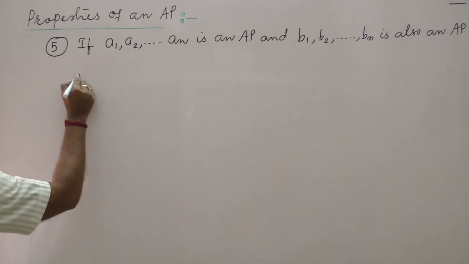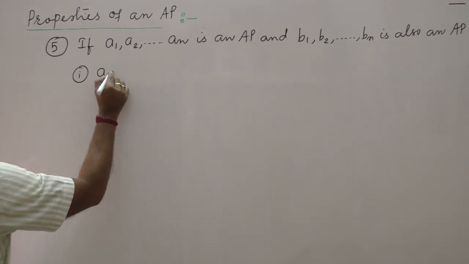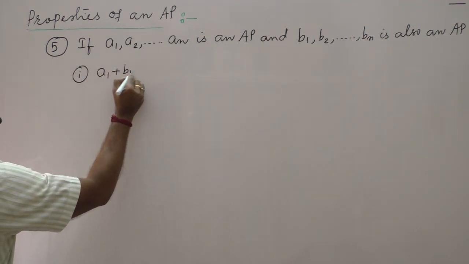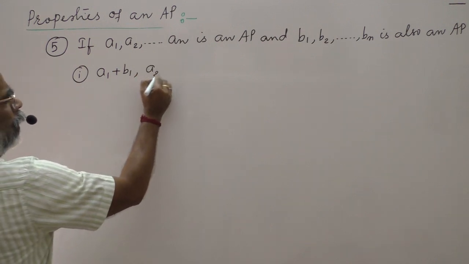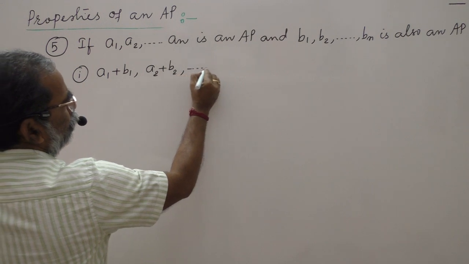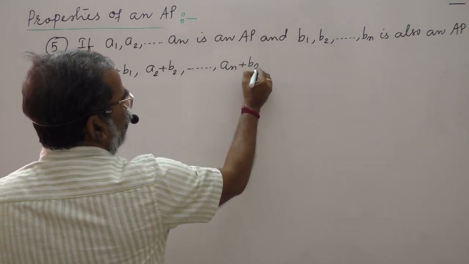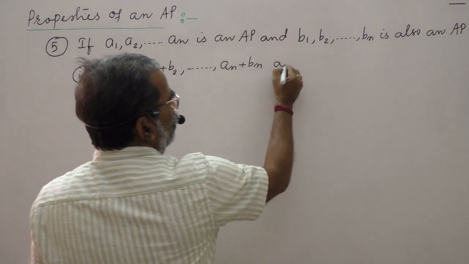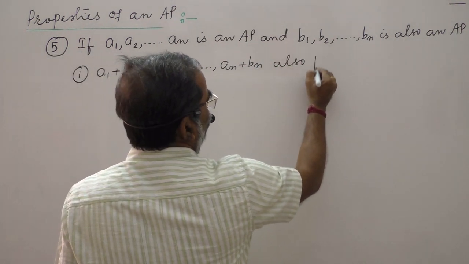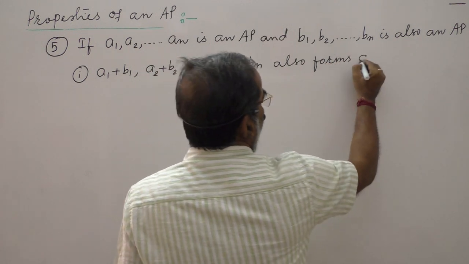Then this implies, number 1, if you take their sum, A1 plus B1, adding corresponding terms, up to AN plus BN, this series also forms an AP.